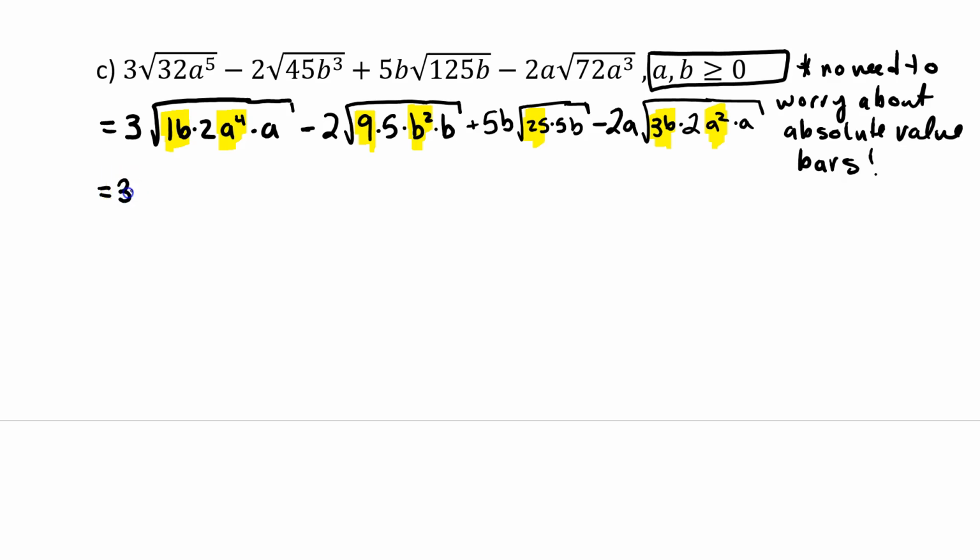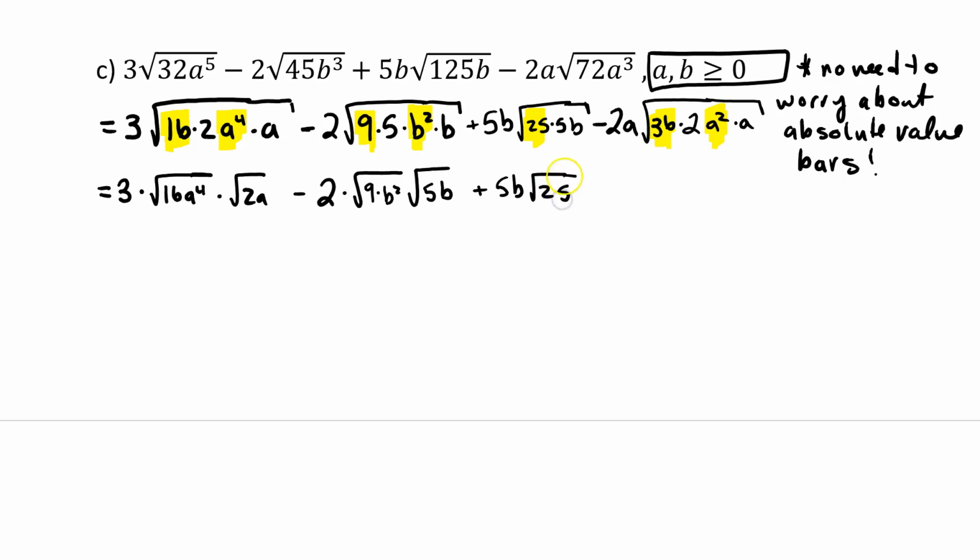So I say 3 times the square root of 16 times a to the 4 times what's left, times 2a, minus 2 times the square root of 9 times b squared. And then what I'm left with is 5b, plus 5b times the square root of 25, and what's left is 5b.